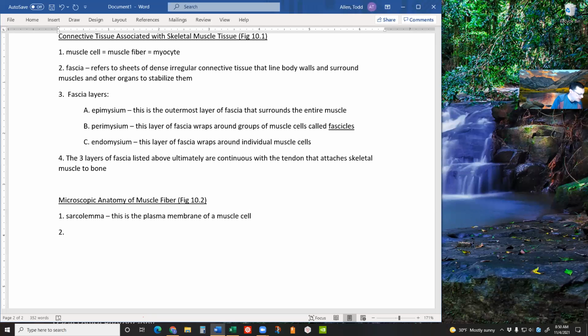I'd like to draw your attention in figure 10.2 to the T tubules. T tubules. Let me ask you a question in the chat window. Here we go. What color are the T tubules in figure 10.2? Okay, thank you, Faylin. Let's have at least one more person here.